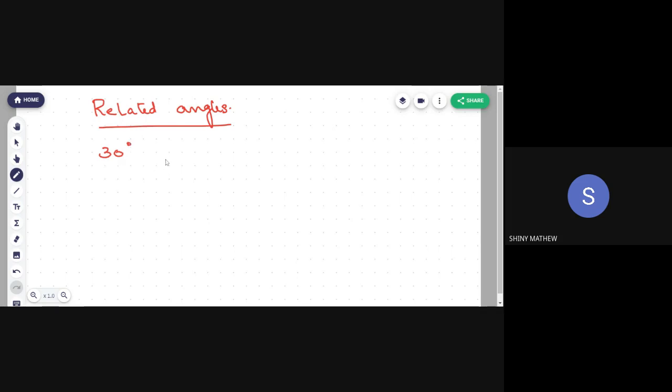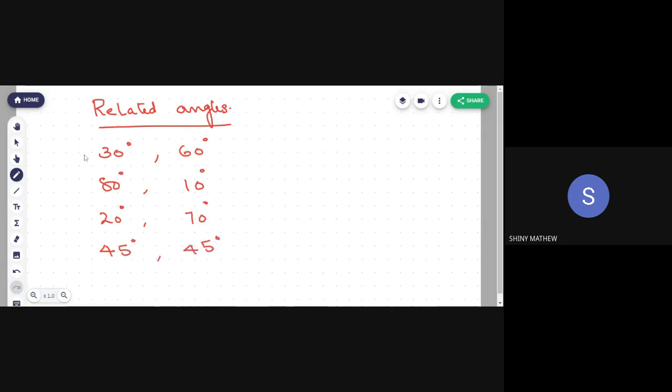Okay, 30 degree. One angle is 30 degree and the other angle is 60 degree. And here 80 degree and 10 degree. And here 20 degree and 70 degree. And here 45 degree and 45 degree.